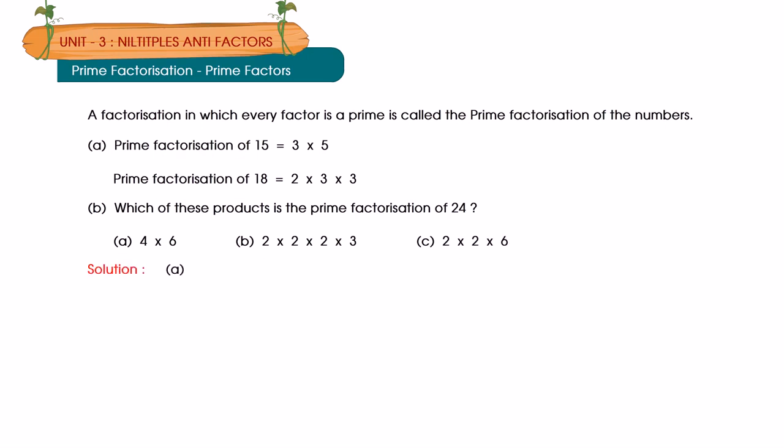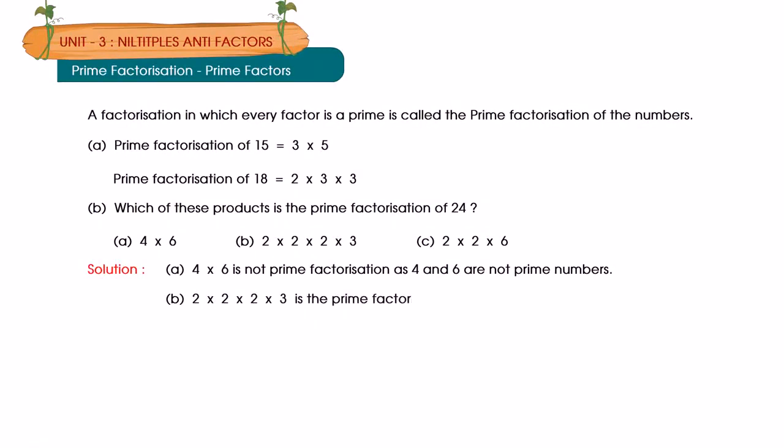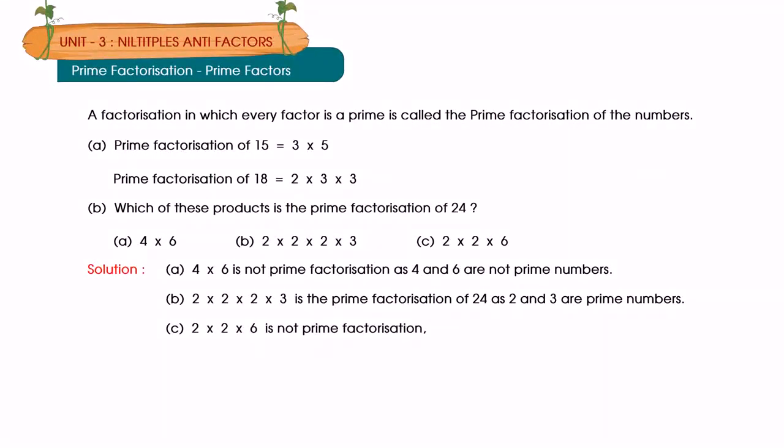A. 4 into 6 is not a prime factorization as 4 and 6 are not prime numbers. B. 2 into 2 into 2 into 3 is the prime factorization of 24 as 2 and 3 are prime numbers. C. 2 into 2 into 6 is not a prime factorization as 6 is not a prime.